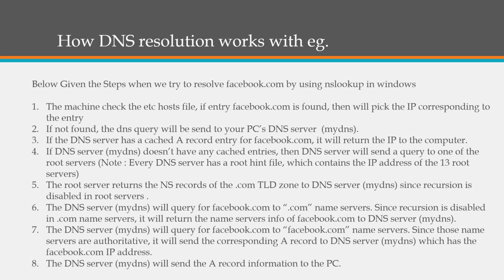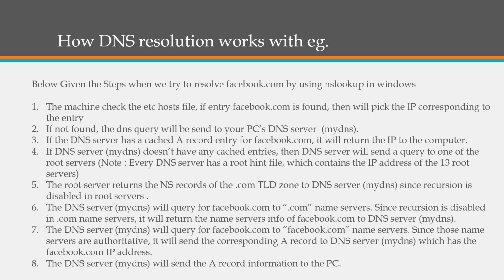If you recollect, every DNS server has a root hint file which contains the IP addresses of the 13 root servers. So it will pick one root server, and it will send that query to that root server.